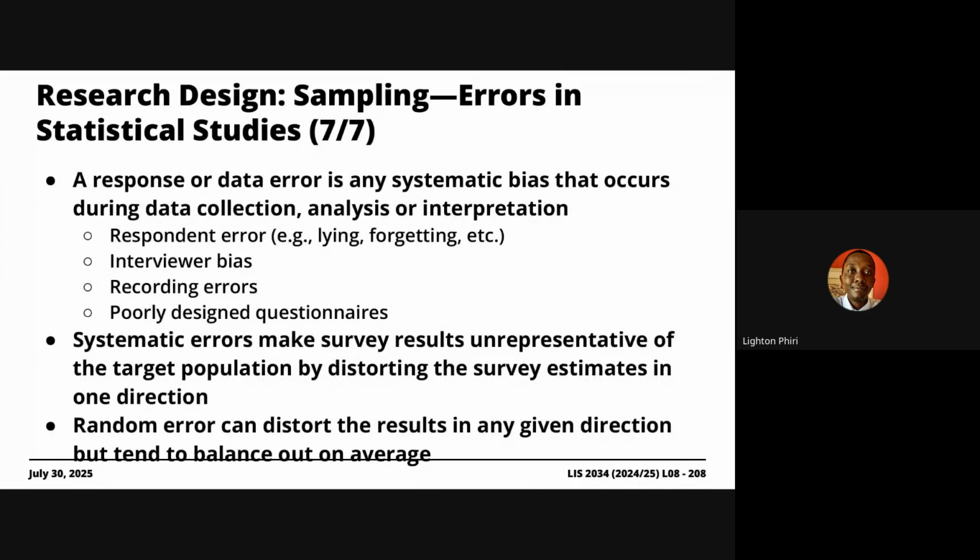We're calling these response errors or data errors because they're associated with the data that you've collected. And what we're saying here is that these are associated with systematic bias that will occur during the data collection itself or when you are interpreting the findings.